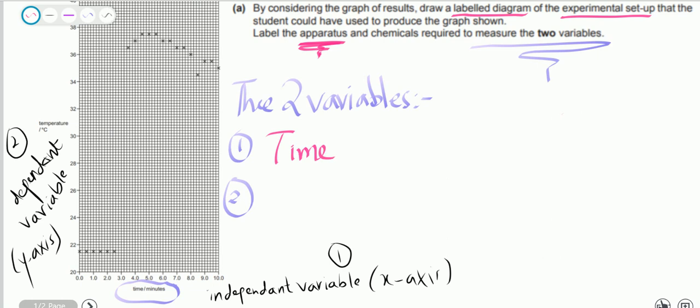One variable is time, and the second variable we get from the y-axis, which is temperature.